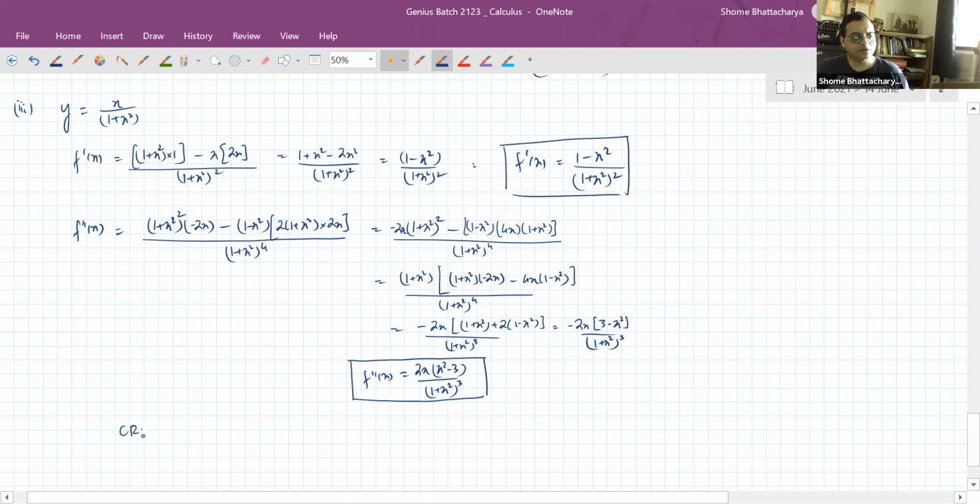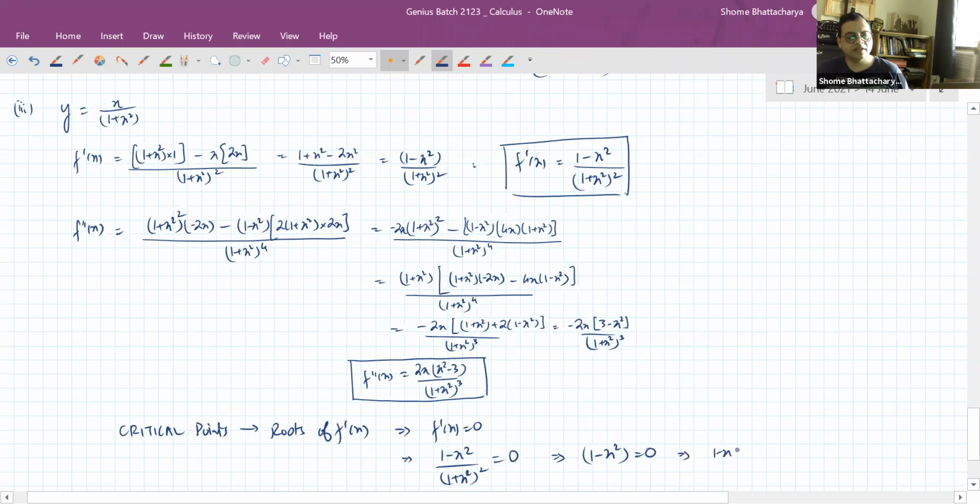So critical points are basically roots of the derivative. Now you can see in this expression, the denominator is always a positive term for all values of x. So that means the whole expression can be 0 only when the numerator is 0.